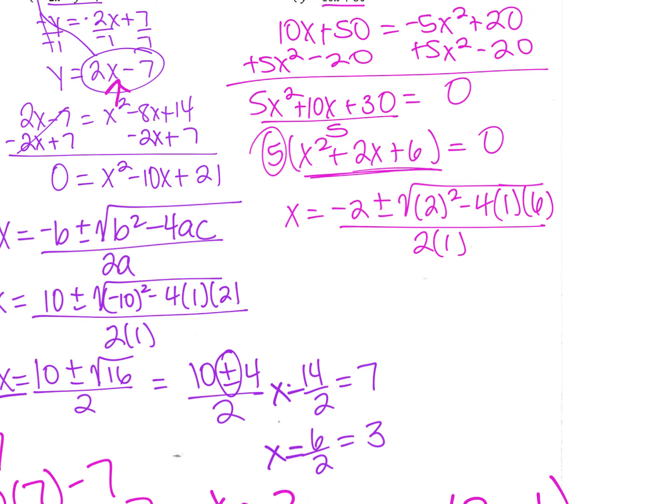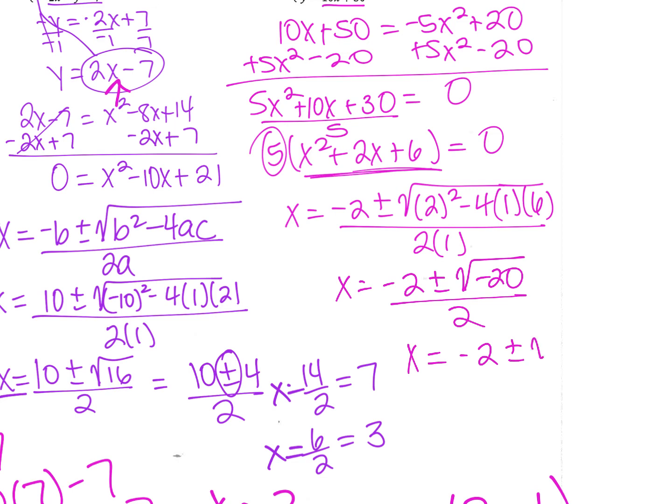You should get -20. Remember, we discussed before the break, if we have a negative under the radical, that means it's imaginary. So on the graph, there would not be points of intersection because it doesn't intersect there. So we're just finding our x values here. I'm going to bring out the negative and put an i and then square root of 20.